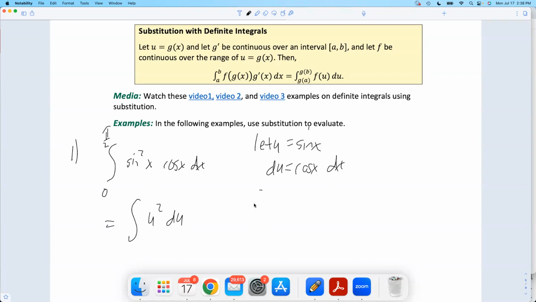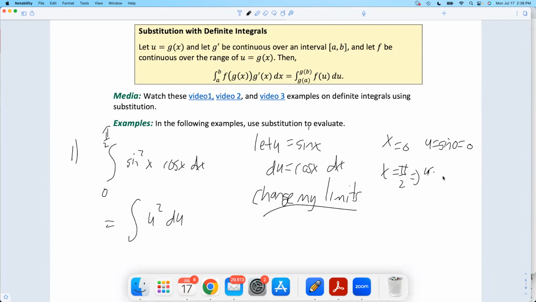I have to change my limits. When x equals 0, u will be sine of 0, which is still 0. But when x equals pi over 2, that implies u is sine of pi over 2, which is 1.